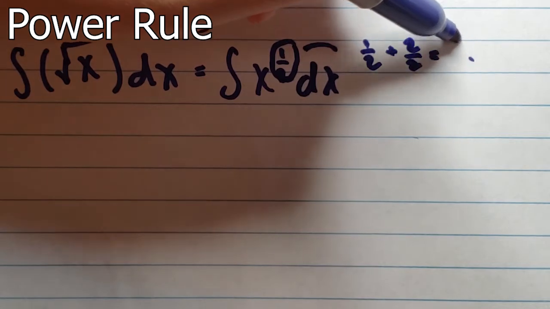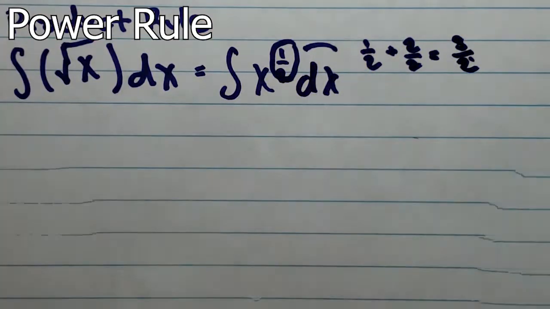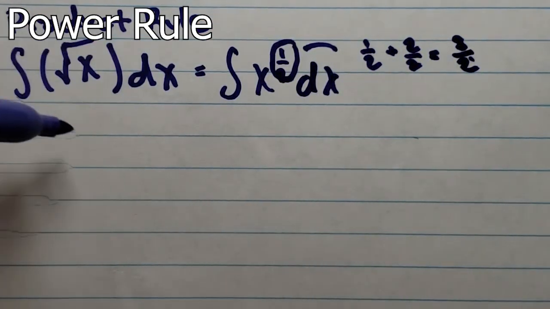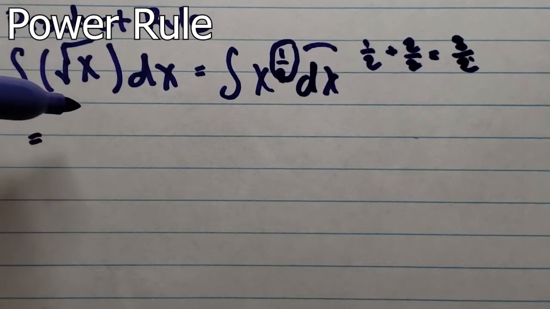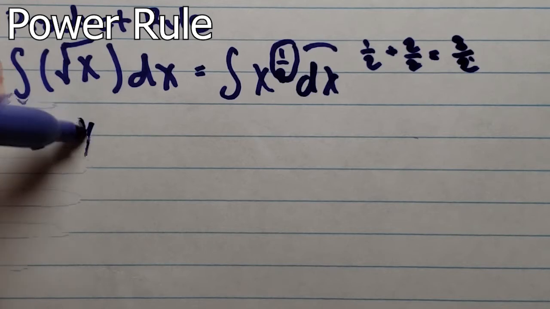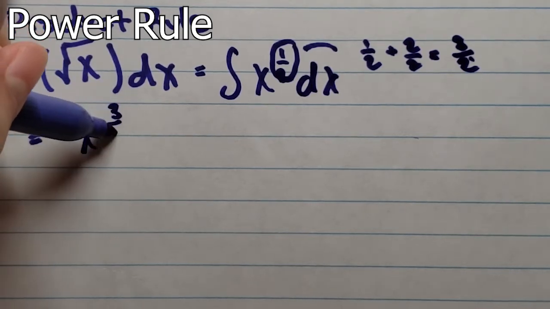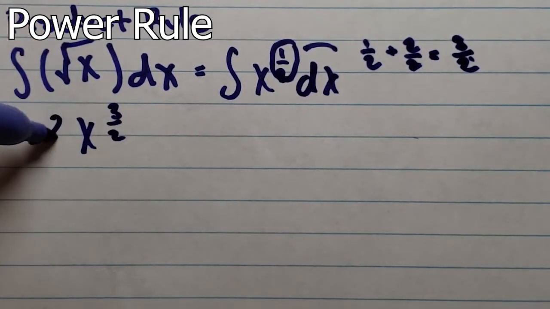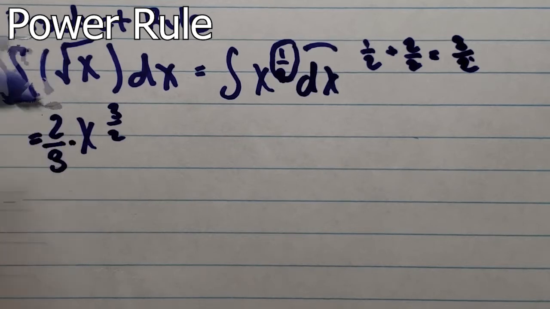This is an example where you would use the power rule to solve the problem. As you can see, I'm adding 2 over 2 or 1 to the exponent. So by applying the power rule, the antiderivative of this is x to the 3 over 2 power, and you would also divide by the exponent.